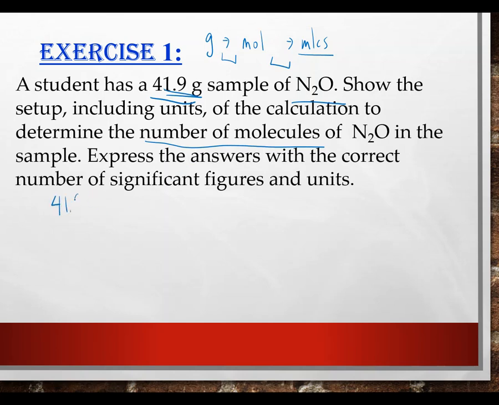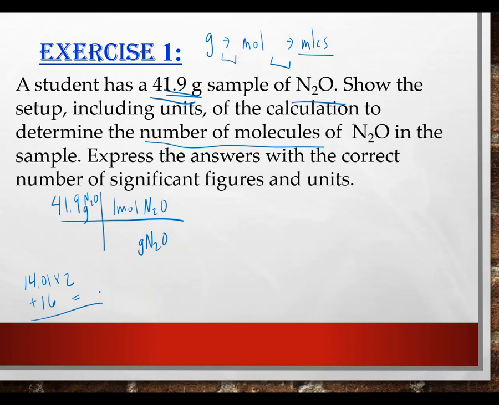So we have 41.9 grams of N2O, dinitrogen monoxide. So that means grams of dinitrogen monoxide goes down here. That's going to equal 1 mole of dinitrogen monoxide. So we add up the molar mass. We have 14 times 2 plus the 16.